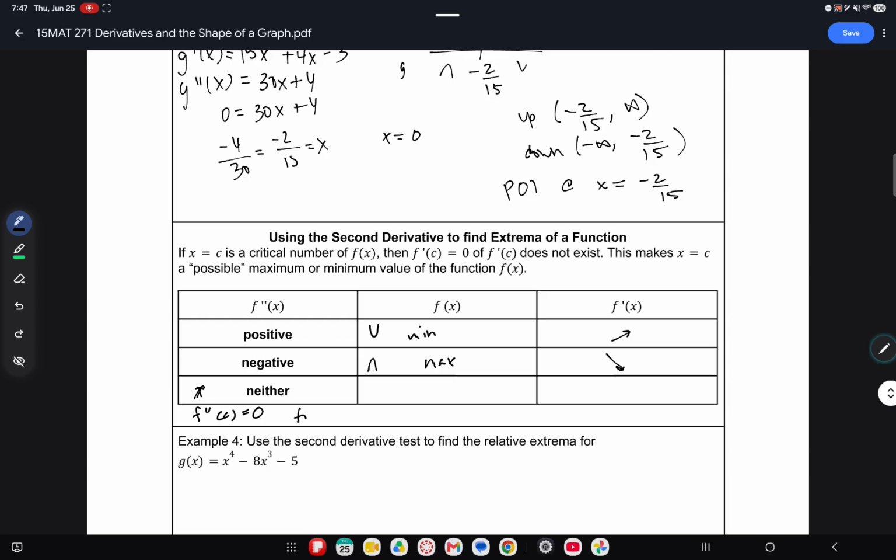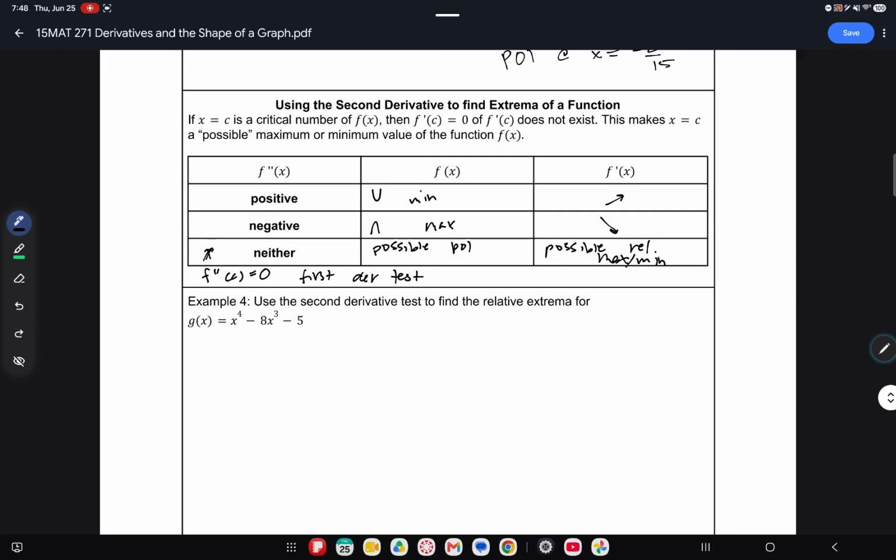Then we would have to use the first derivative test to further analyze it. So there's a possible point of inflection, which means there's a possible relative max or min. But we'd have to use that first derivative test to be sure.